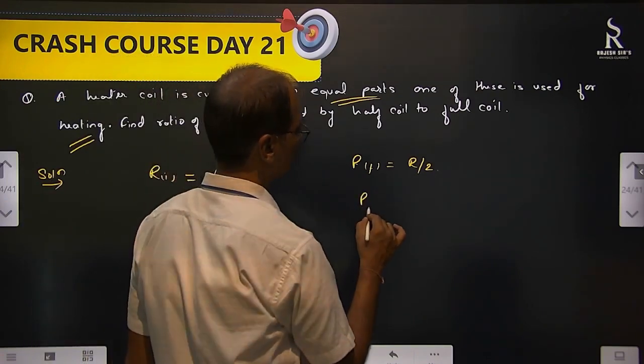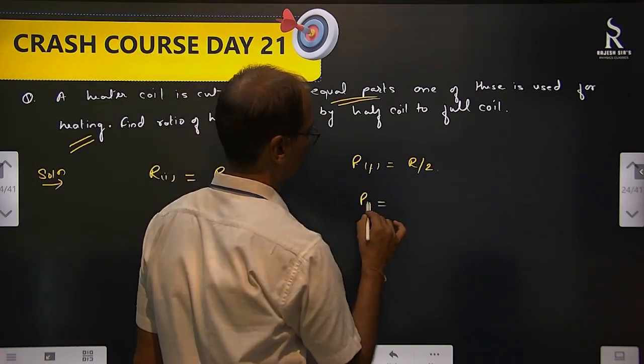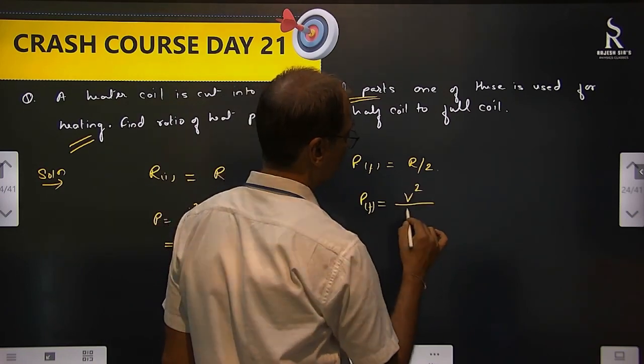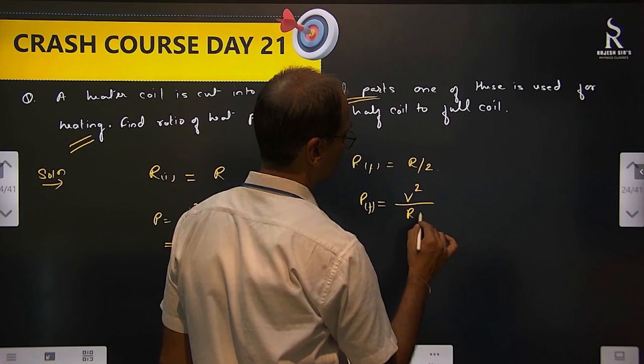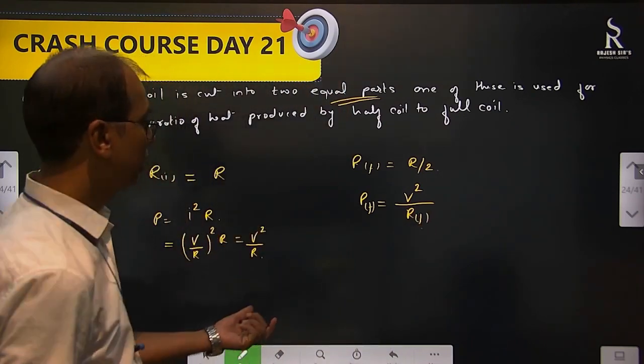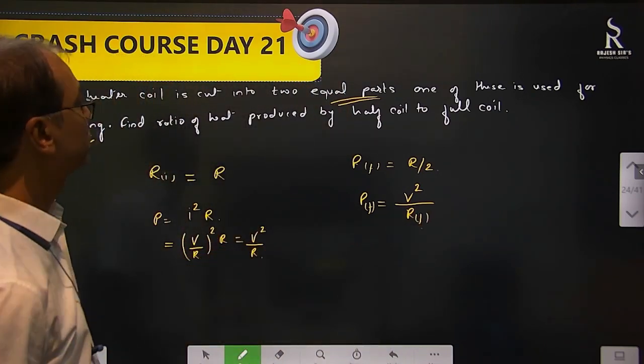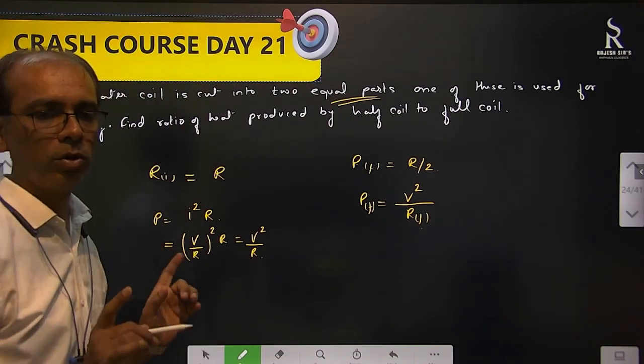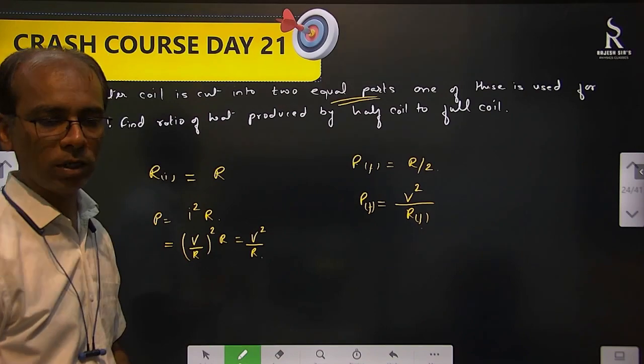Here power initial is V square by R, and here it is V square by R final. What is the question asking? The ratio of heat produced. That means the ratio of power, same. If 1 second I am going to use, then power is equal to the heat produced in 1 second.